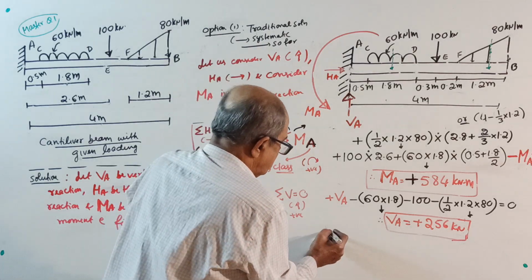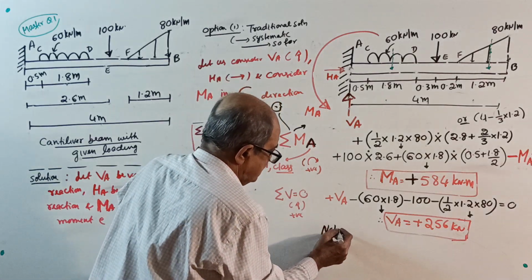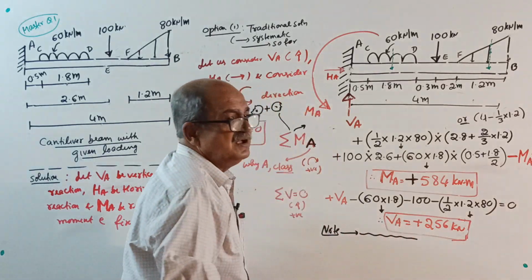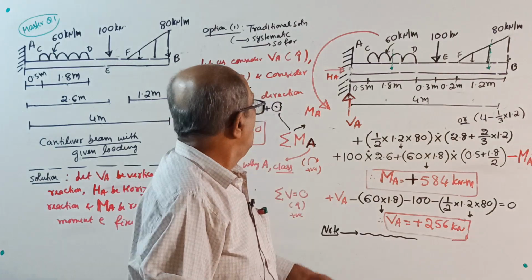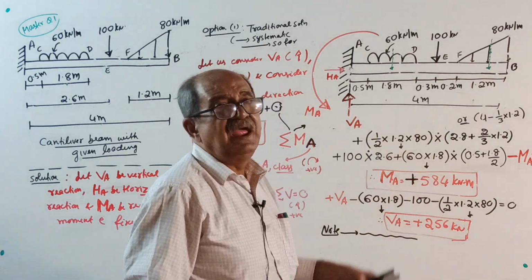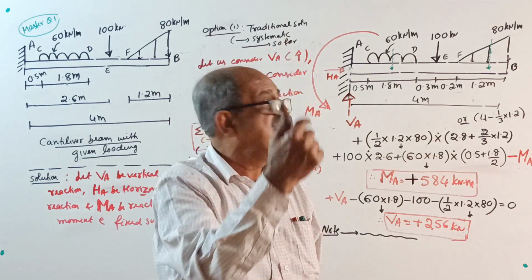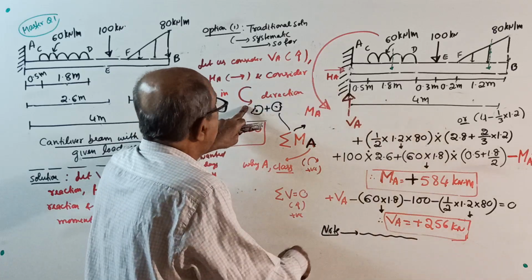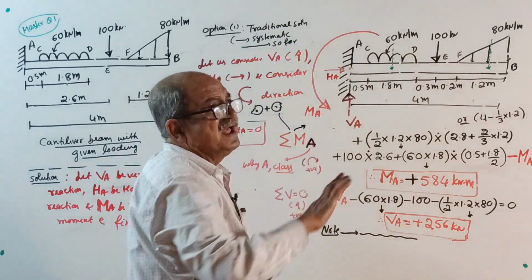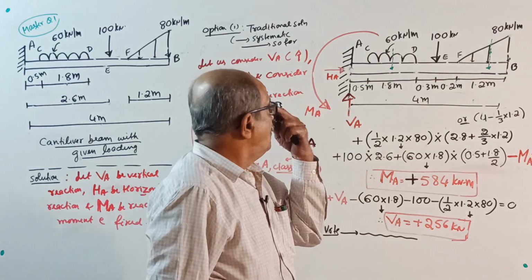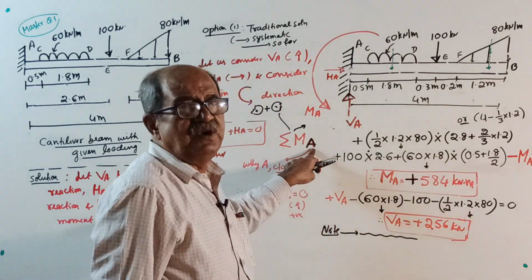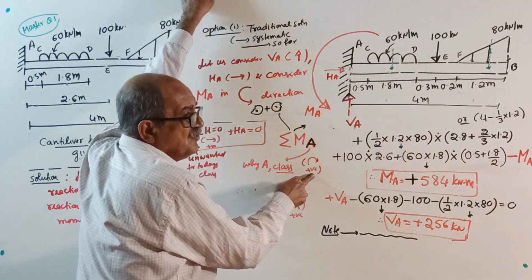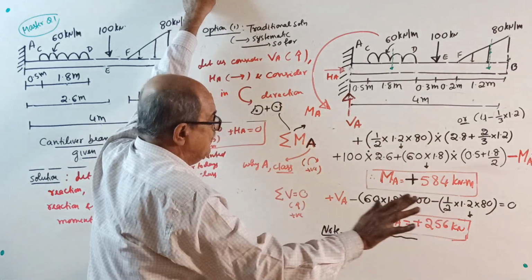Now, some notes you have to write. What all I explained, if you are serious, you have to write. We considered VA vertically up, and reacting moment MA in the anticlockwise direction. You applied sigma M about A = 0 with clockwise positive. This clockwise positive has no effect on the answer.